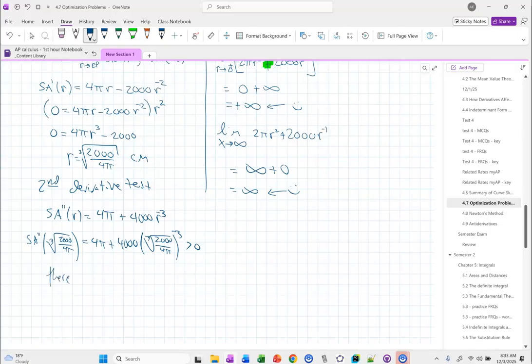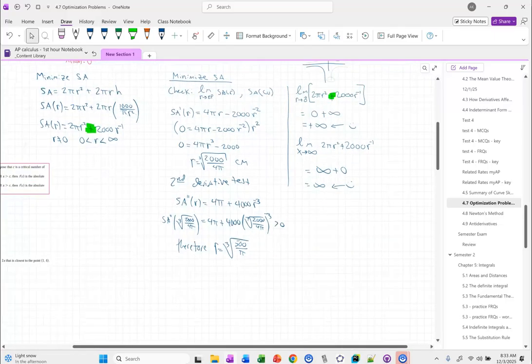So, therefore, r equals the cube root of, I'm going to reduce this because it's getting obnoxious, 500 over pi. And it wants the dimension too, right? So I also need height.